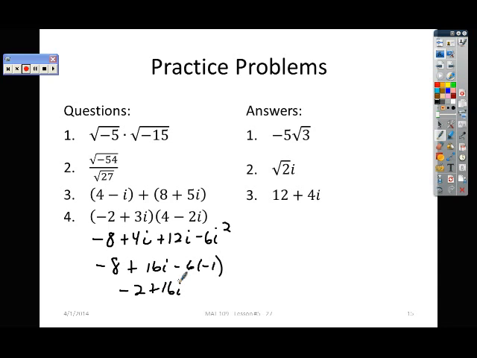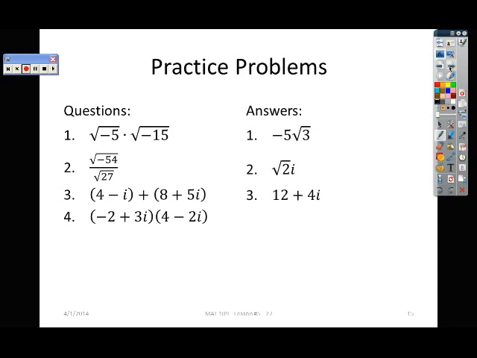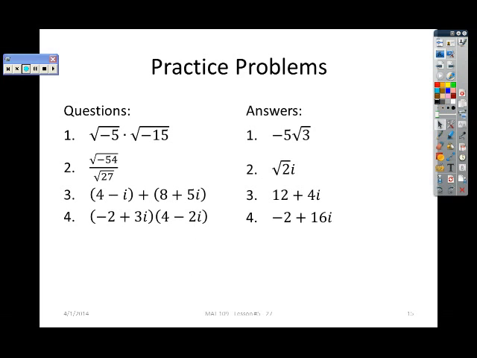So it is pure FOIL. Substitute for the I squared, combine like terms. That's all you have to do to multiply complex numbers. FOIL, substitute for I squared, combine like terms. -2 + 16.